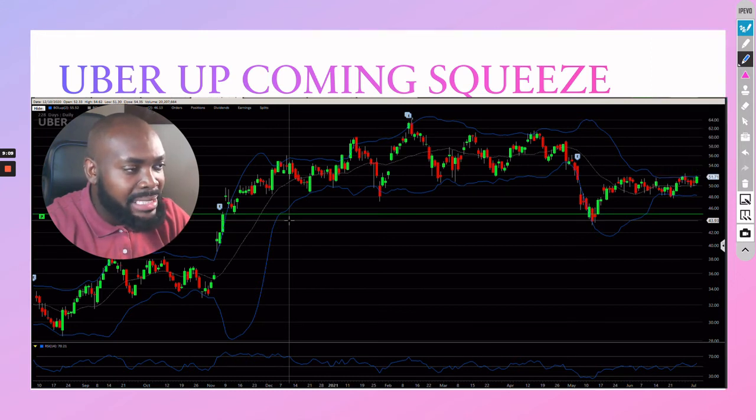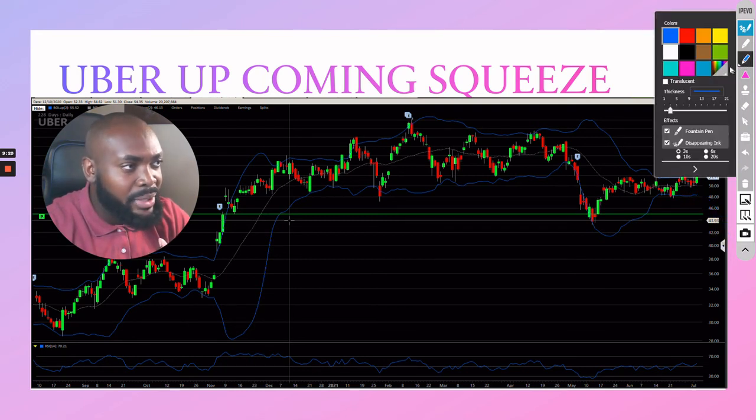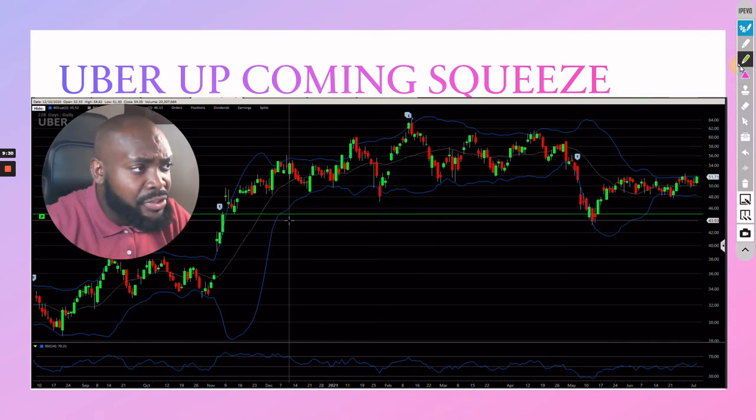And when we get the expanding of the Bollinger Bands, this will be a sign that volatility is increasing. And once we get the sign of increasing volatility, typically we are looking for a breakout in price action.